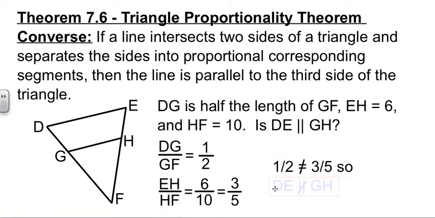Since they're not equal, they're not parallel. The ratios needed to be equal for the lines to be parallel. Had this been 3/5 here, or this been 1/2, then it would be yes, they're parallel. Since they're not the same ratio, the two lines aren't parallel.